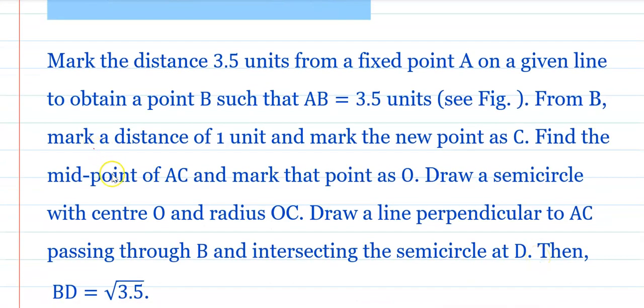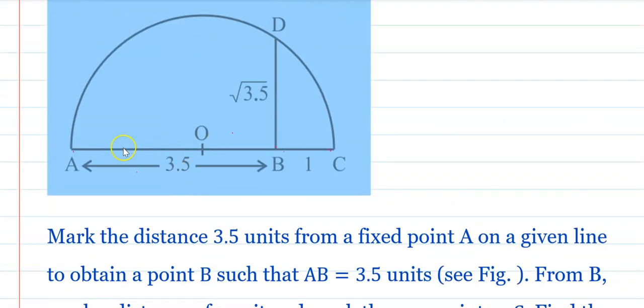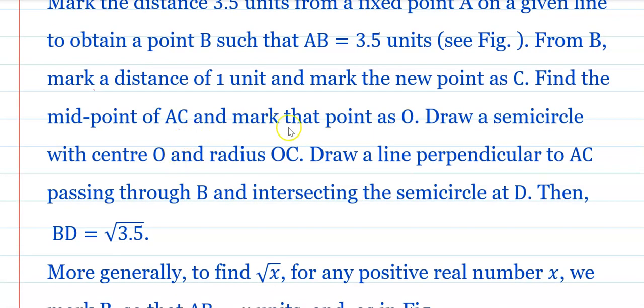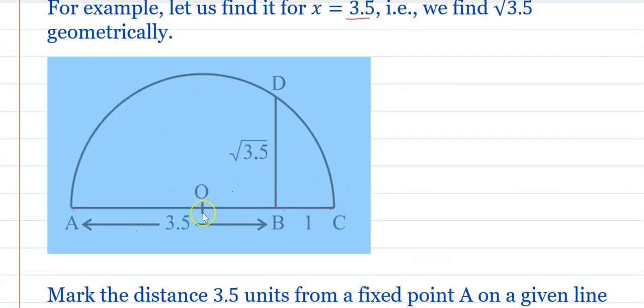Find the midpoint of AC. O is the midpoint of AC. Draw a semicircle with center O and radius OC. With the center O and OC as a radius, draw this semicircle.